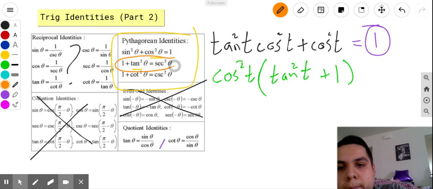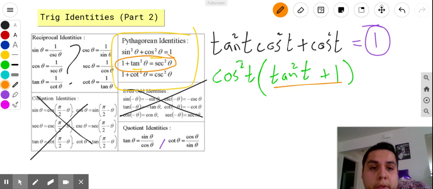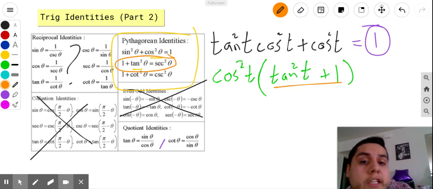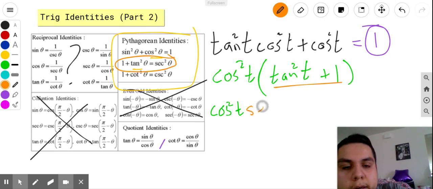Well, I know that 1 plus tangent squared should equal a secant squared. Since we're still adding a tangent squared and a 1, that's still going to produce the same secant squared. So this problem, you can think about it as a cosine squared multiplying a secant squared.